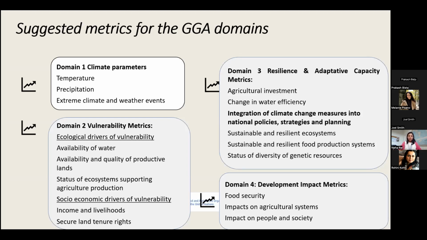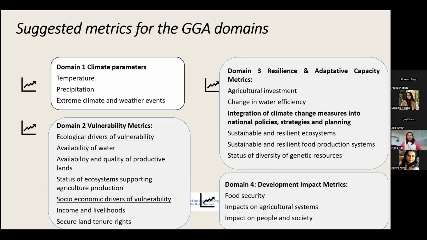Metrics under domain 3 helps us to know what adaptation efforts are improving resilience and adaptive capacity, where these two dimensions are defined as a system's ability to respond, recover, and address climate-related shocks. FAO defines climate resilience as the ability to prevent disasters, anticipate, absorb, accommodate from disasters and climate change, and restore, protect, and improve livelihood systems.